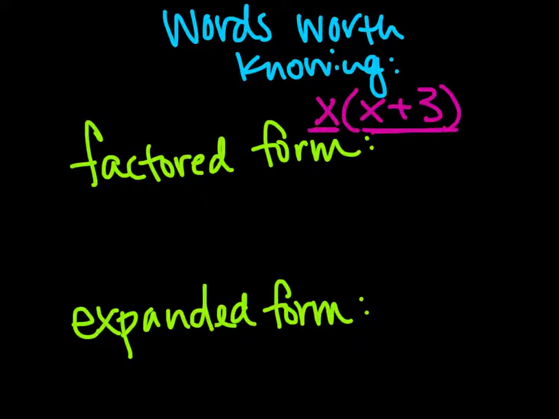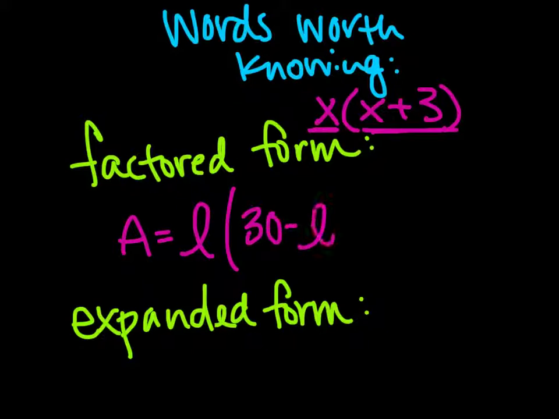When we were creating those equations for length and area, we were looking at area would equal the length times 30 minus the length.